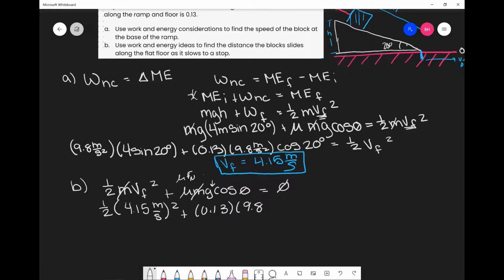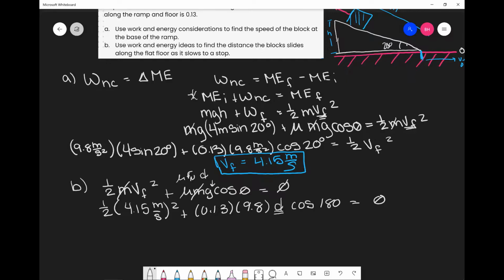And then we have d cosine theta, because what we have right here is d, which is what we're trying to find, and then cosine 180 degrees, because friction works 180 degrees from the motion. So I forgot my distance, which is really important because that's what we're solving for. So we have our coefficient times our acceleration due to gravity because our mass is canceled out, and then distance, and then cosine theta.